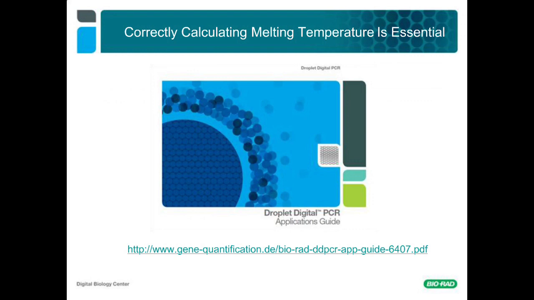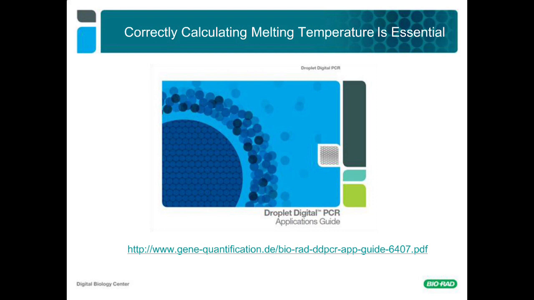Correctly calculating melting temperature is one of the most important factors in assay design. Since melting temperature is a function of oligo-base composition, master mix salt and dNTP concentrations, oligo concentration, and the algorithm used in order to calculate TM, we recommend that you see the Droplet Digital PCR Applications Guide for detailed information on adjusting the salt corrections and thermodynamic settings to SantaLucia 1998, as well as ensuring that the monovalent and divalent cation settings are optimal.